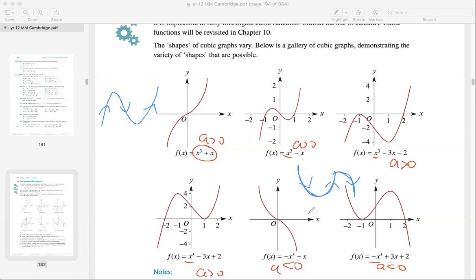Most of the time, if a is greater than 0 it looks like this one, and if a is less than 0 it looks like this one. With this in mind, it can help you quickly sketch the graph of polynomials and get some idea of what's going on.